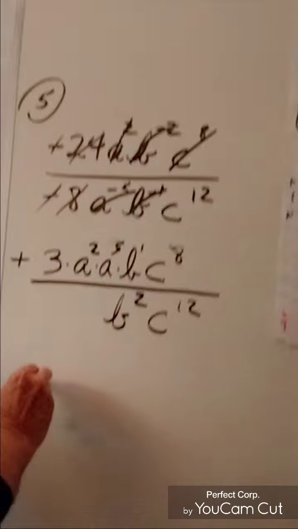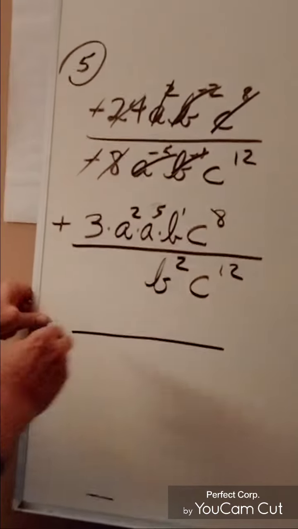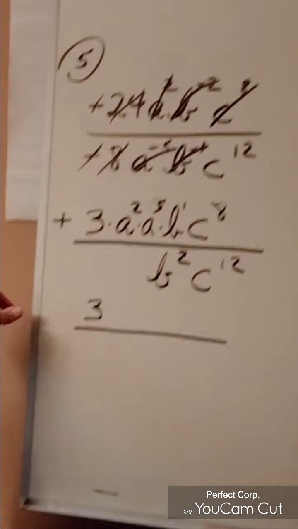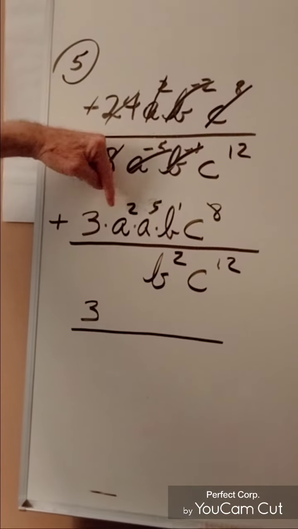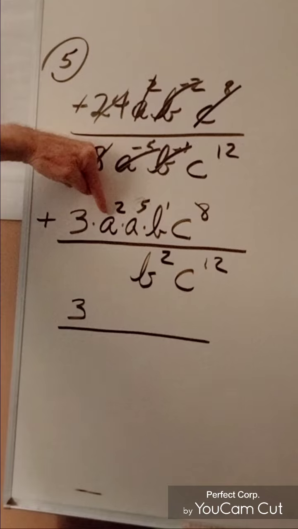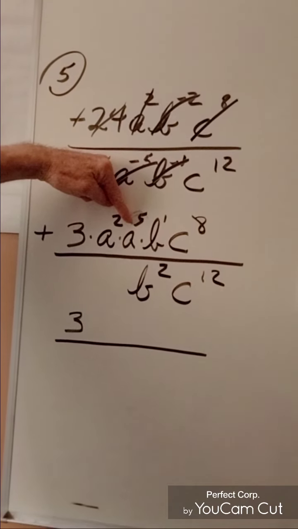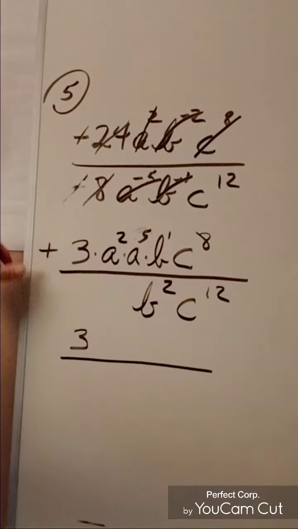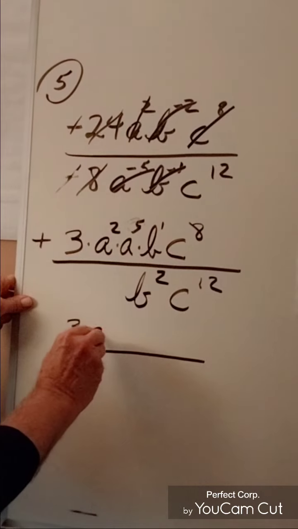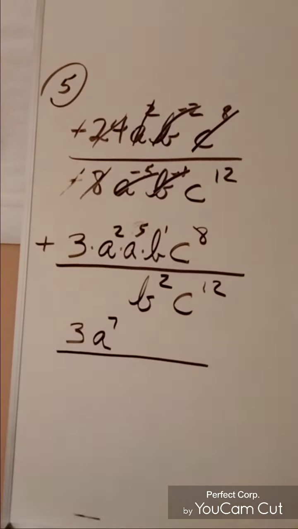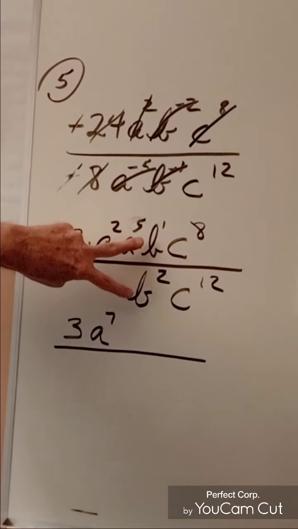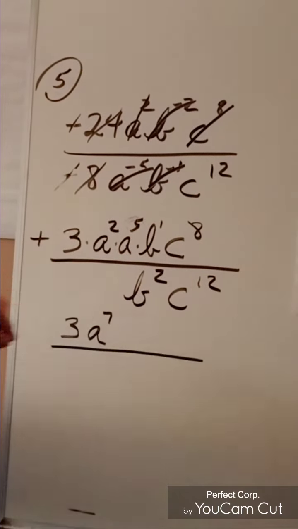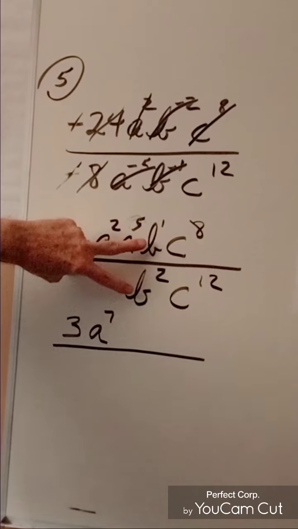So I'm going to bring down a bar. Start off with that 3. We don't have any powers of A in the denominator, so we're going to multiply the A to the 2nd times the A to the 5th. We're going to add those exponents, because that's the product rule. And now, folks, we want to be careful with the B's and with the C's, so take a look at this carefully.